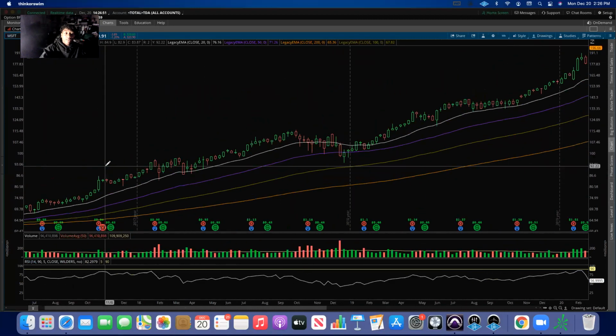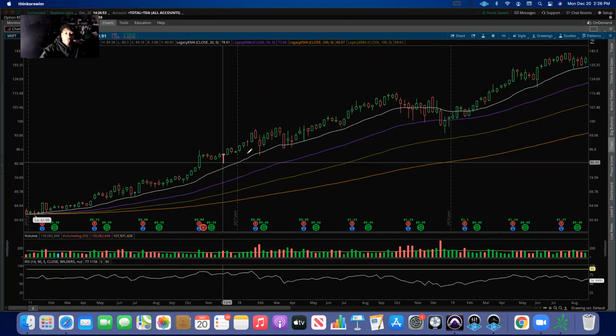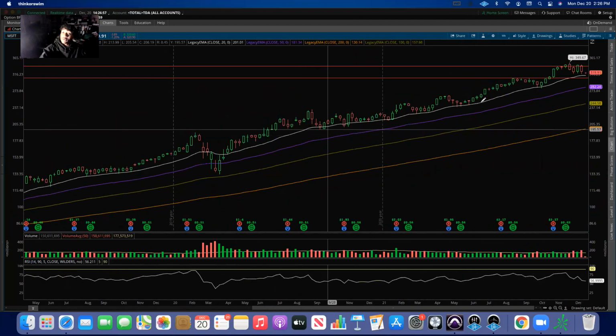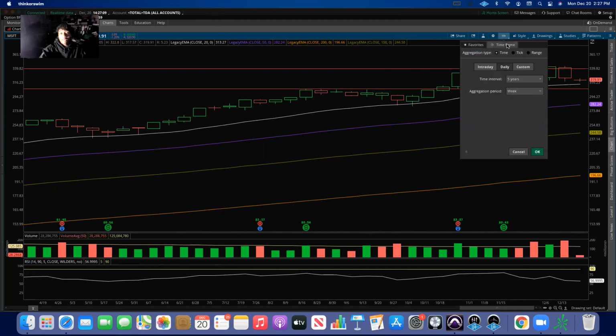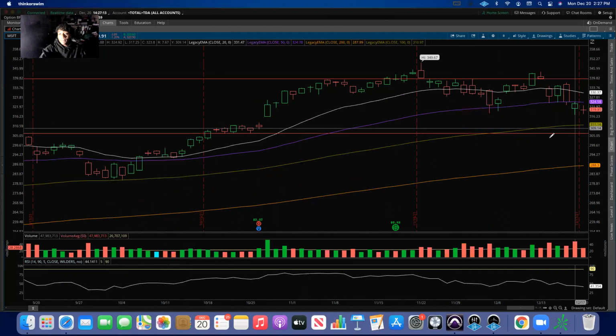Literally over the past 5 years, this 20-day moving average on the weekly is major support for Microsoft. So if I'm looking to get into Microsoft, this is another way you can get in. If the high is 349 and the 20-day on the weekly is 313, 313 would not be a bad buy, right?